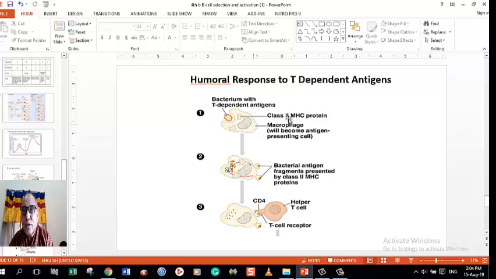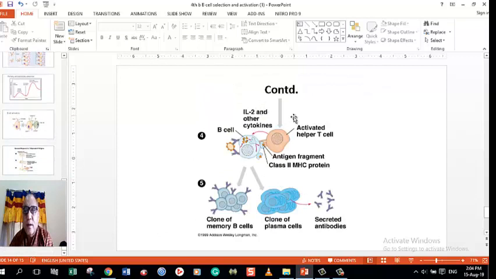This MHC2 protein will present the bacteria to the T helper cells. See, the CD4 has joined with the macrophage and is bound to it, and this T cell will produce cytokines, interleukin 2, interleukin 10, and these will further activate other T cells. Look at how interleukin 2 and the other cytokines are produced and activate the B cells.